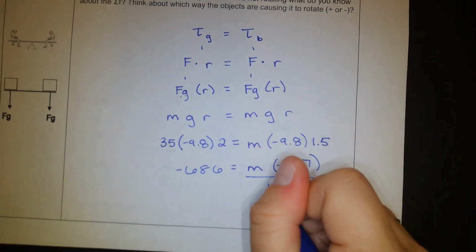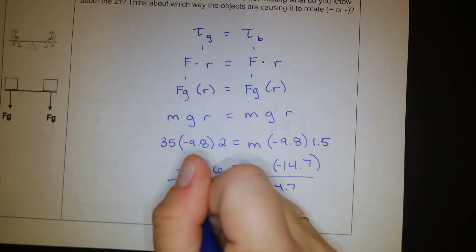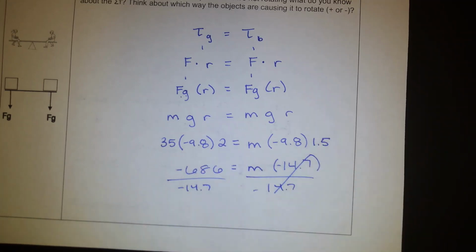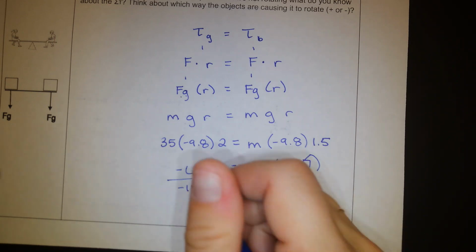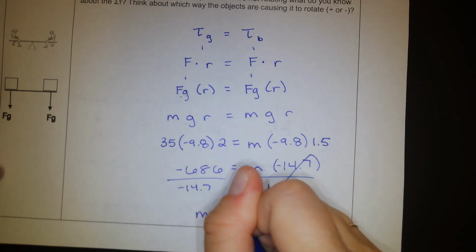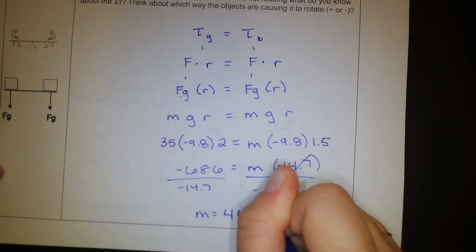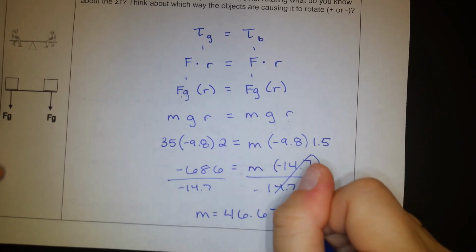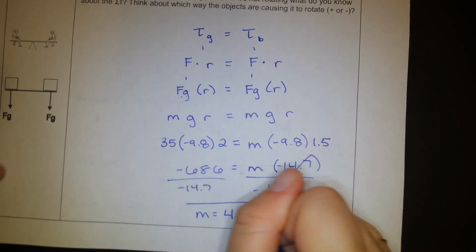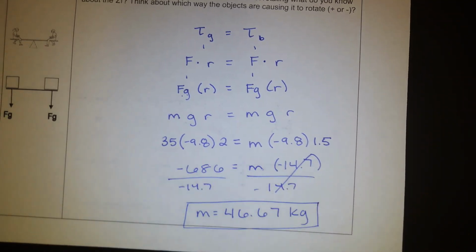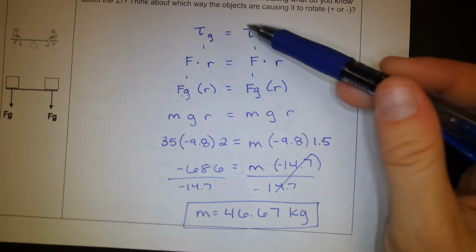If I divide both sides by 14.7, I get 686 divided by 14.7. The mass of the boy is 46.67 kilograms. And even if I did get a negative, you knew that mass couldn't be negative. So if something's balanced, the torques have to equal the same.